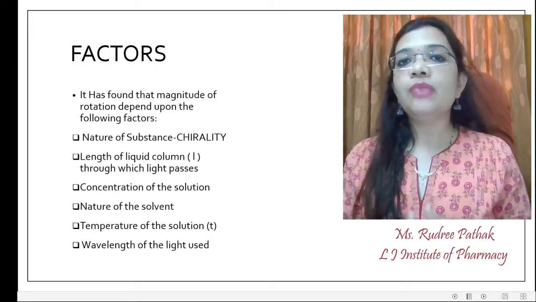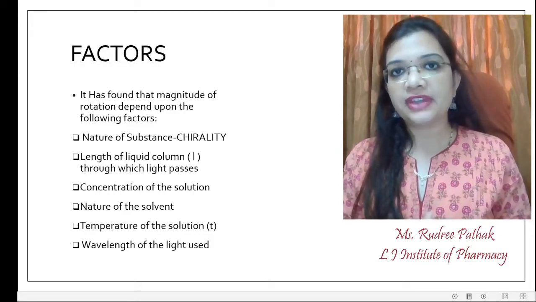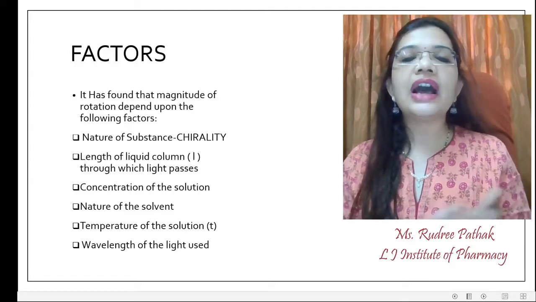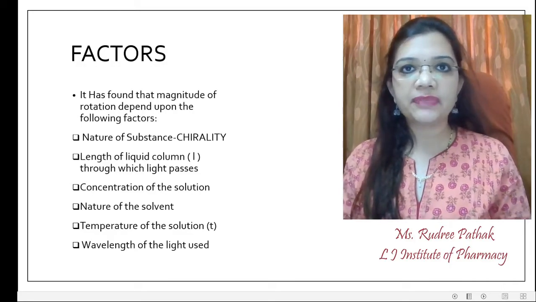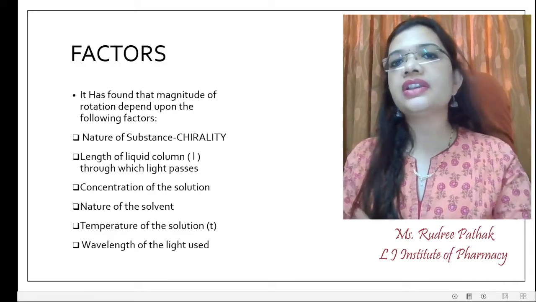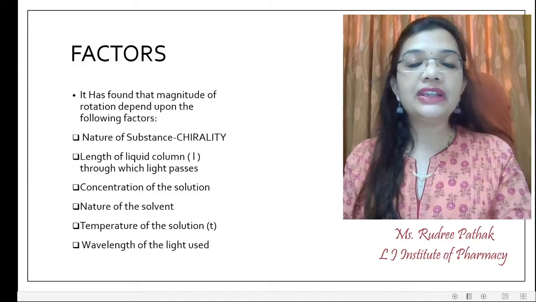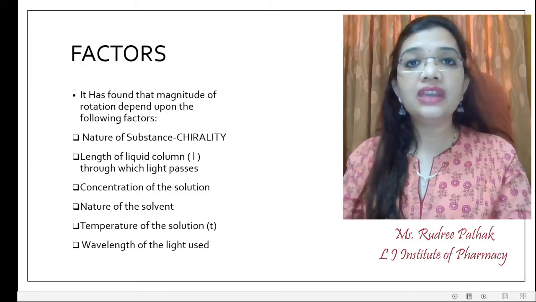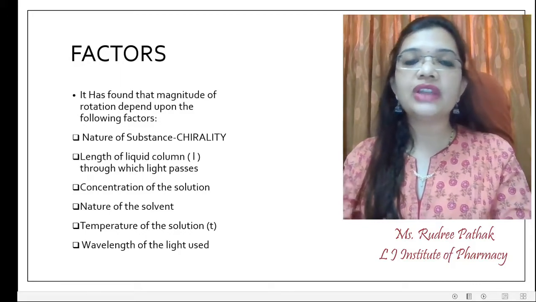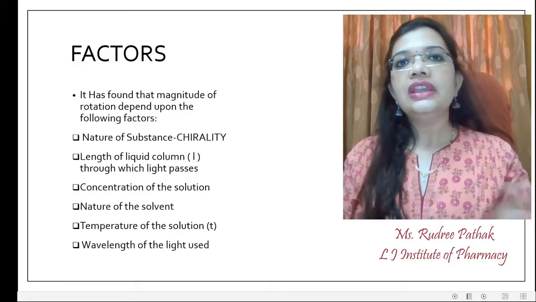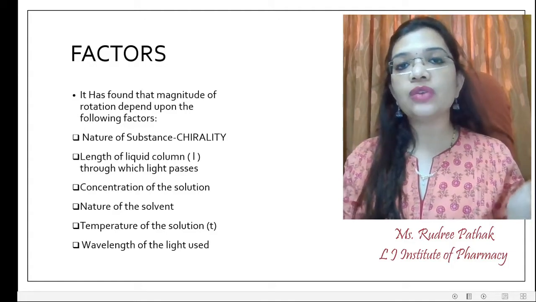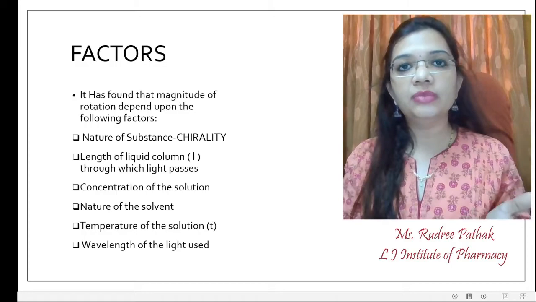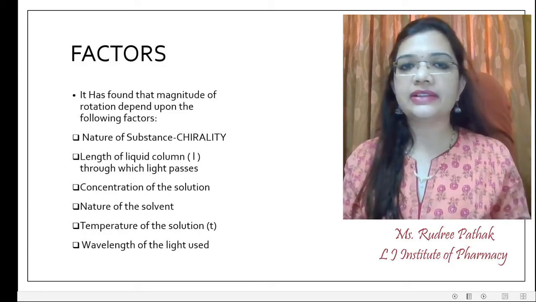First and the most important factor is the nature of the substance which we have filled in the sample cell, or we can say chirality of drug materials. If the drug material is not chiral or not optically active, then it is not going to show any kind of readings at the analyzer. So that is the first important factor. Next is the length of the column in which the drug substance is actually placed, or the length of the column through which light actually passes.